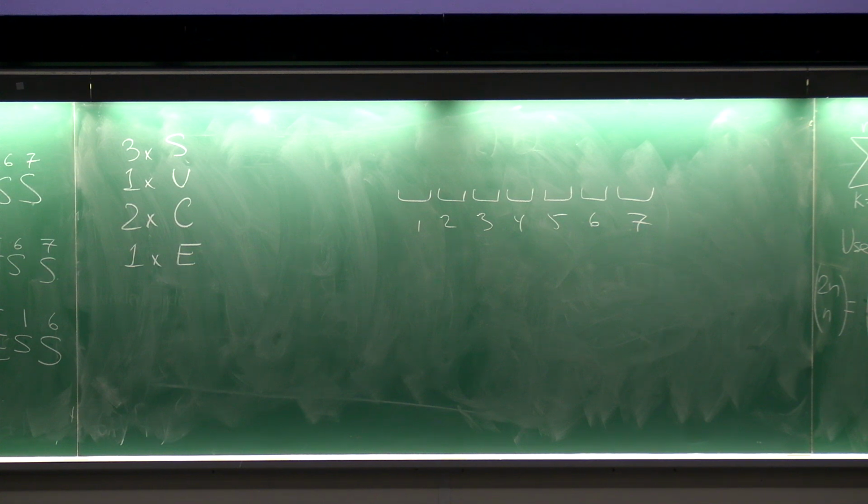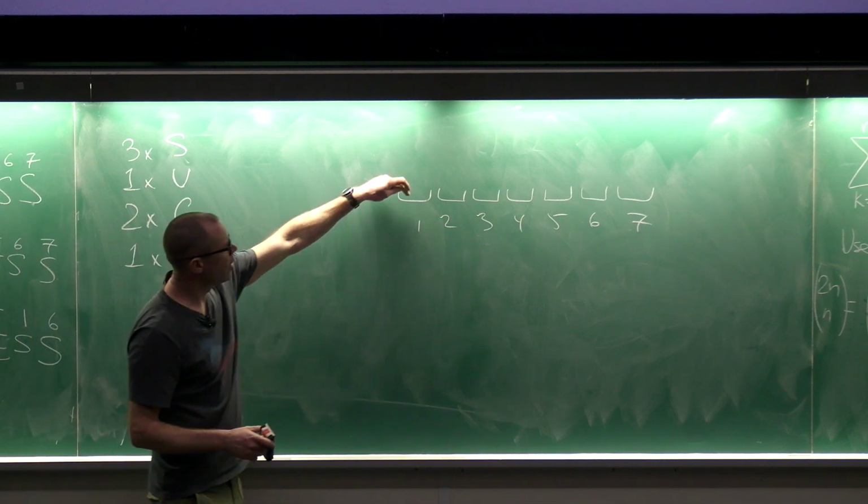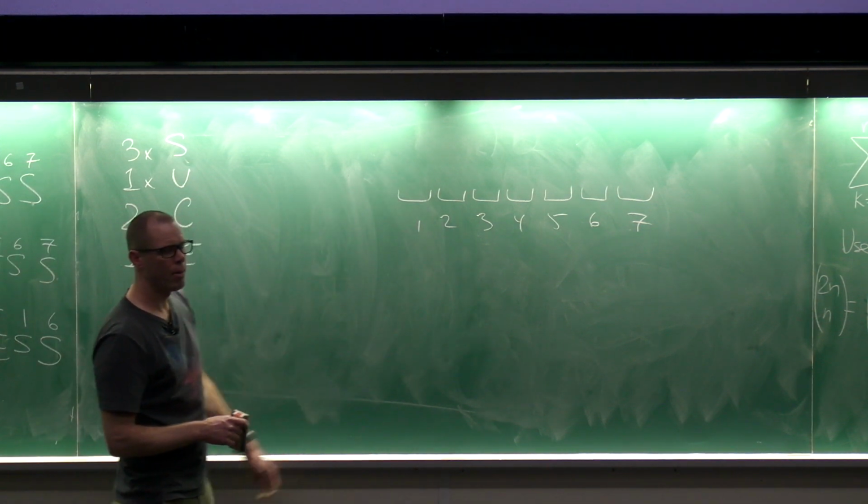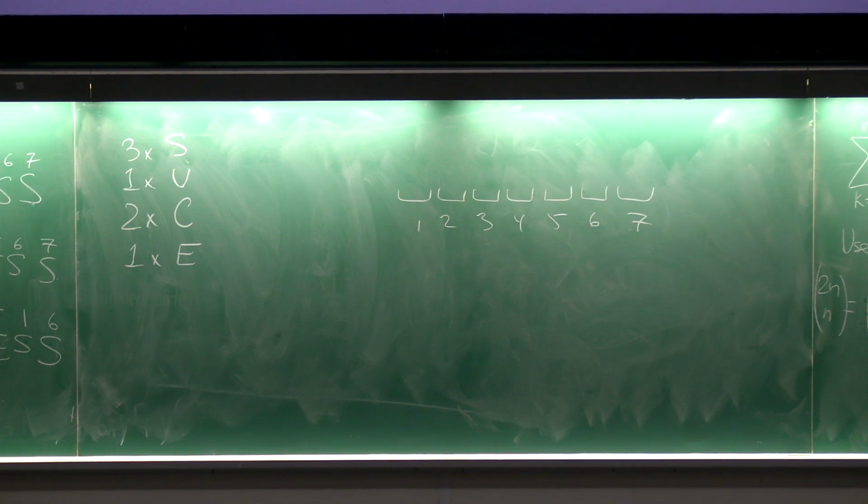So how can we tackle this in a way that's amenable to the product rule? One strategy is to pick the first letter. How many choices do we have for that? There are 4 choices.